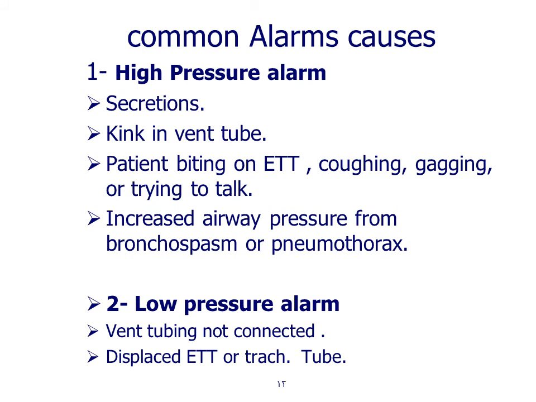Low pressure alarm يعني جهاز التنفس الاصطناعي راح يعطي alarm بس بكون low pressure نتيجة انه الفنتليتر تيوب not connected، صار في فصل ما بين التيوب اللي خارج من الفنتليتر مع الاندوتراكيال تيوب. Displacing endotracheal tube أو tracheostomy tube، تغيير في مكانه.